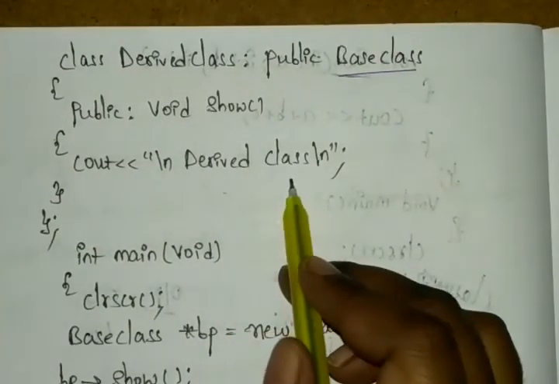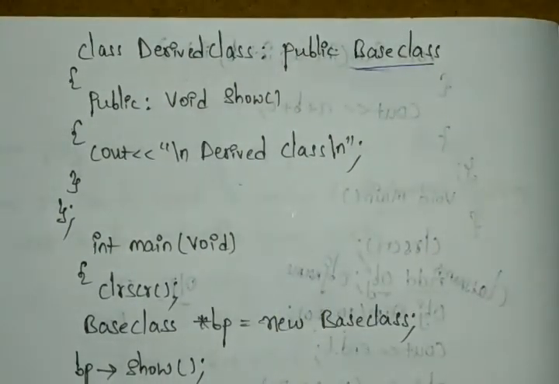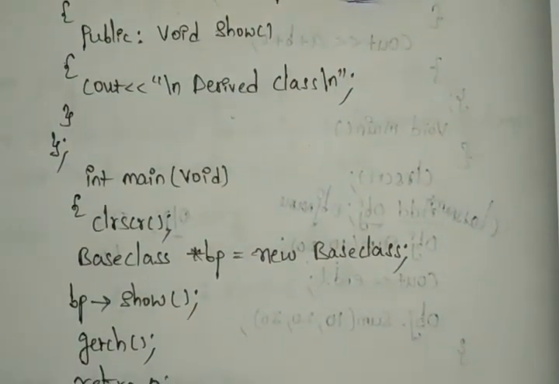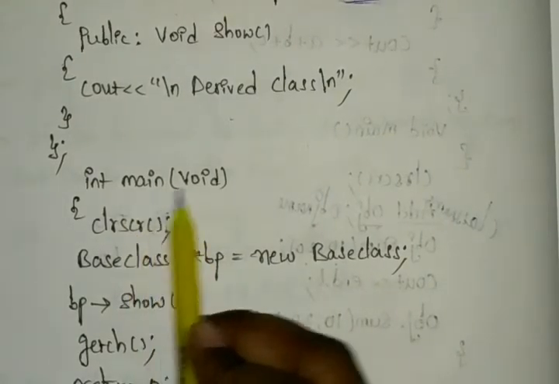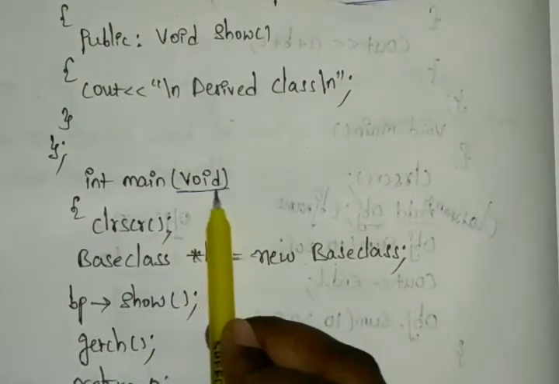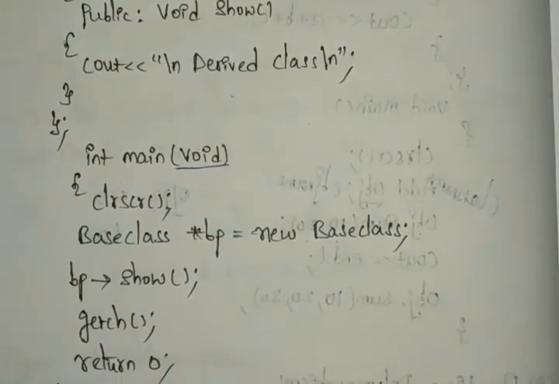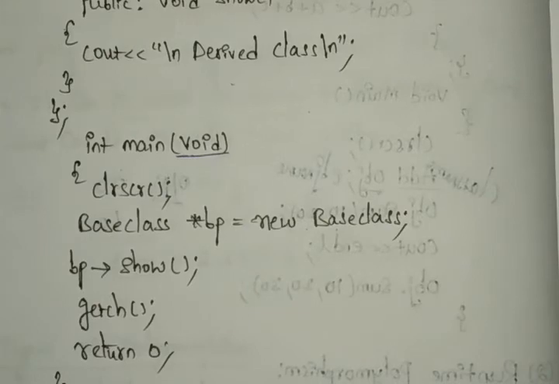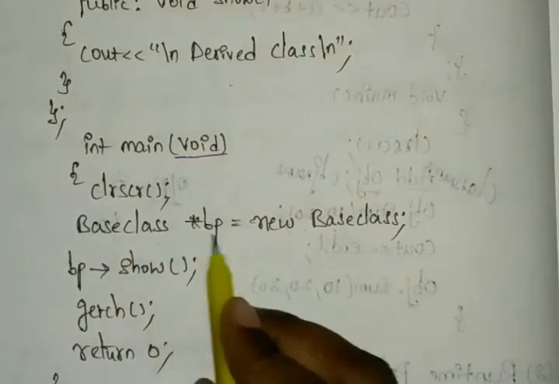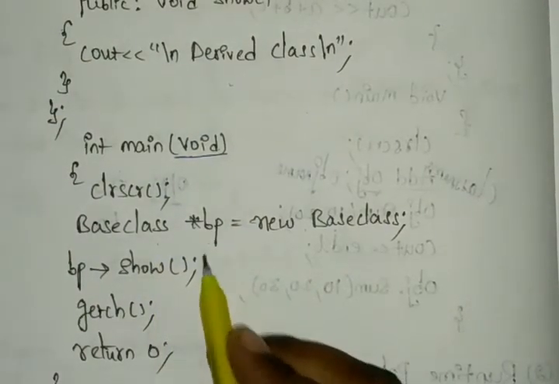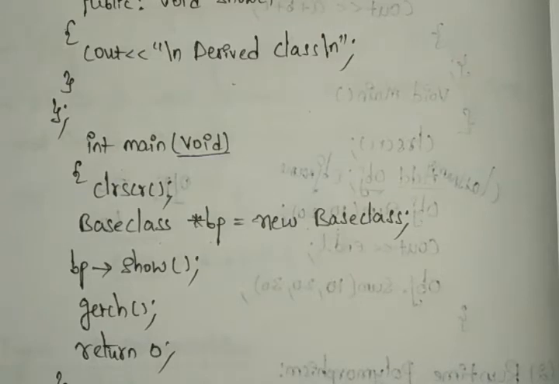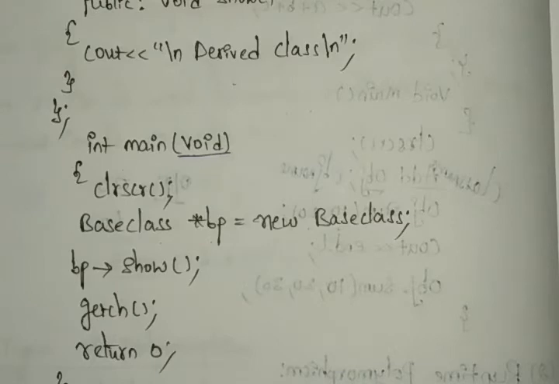So the derived class message can be displayed in the output, and after that we have the main. Here we are returning void. Next, the base class will have our pointers. In runtime polymorphism we use virtual, and also pointers to the objects. Whatever objects you create, you need to use pointers for them.